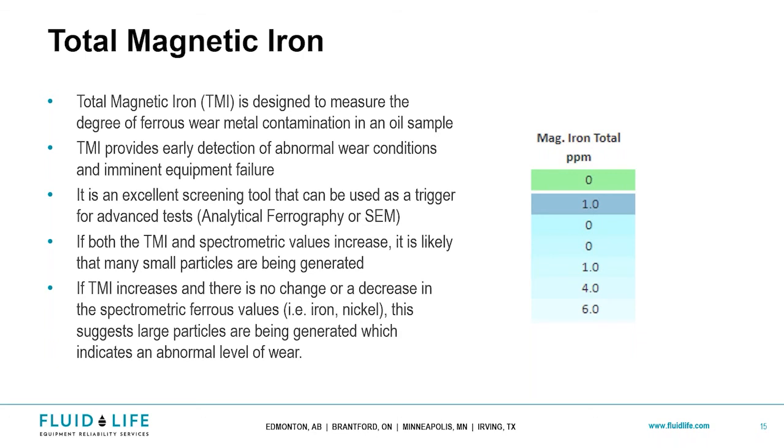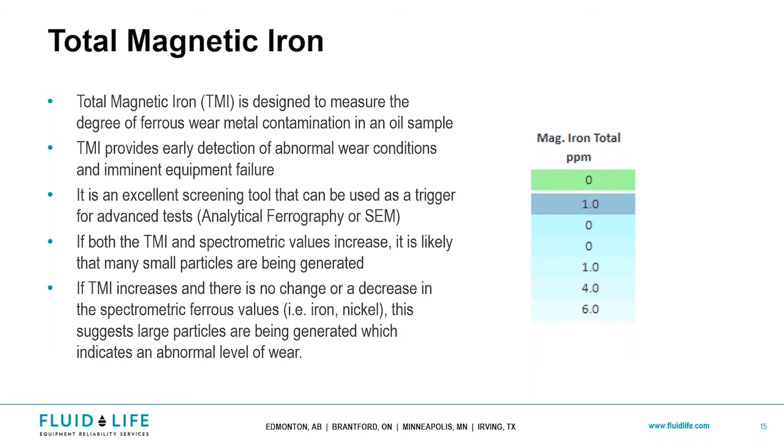If you're looking at TMI and your spectrometry, and both of them are increasing and they're congruent with one another, it's likely that you're going to be seeing a bunch of small ferrous particles that are being generated.